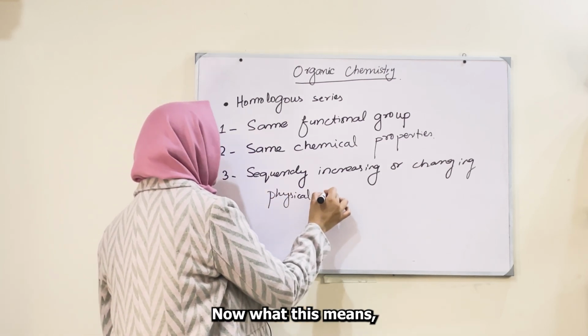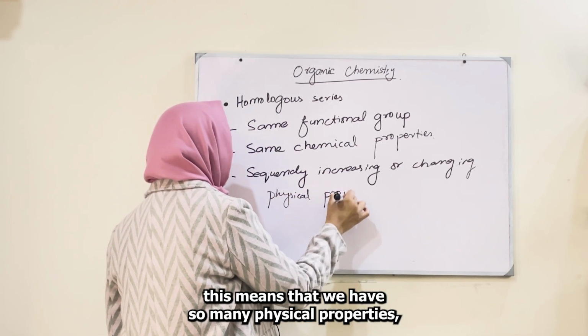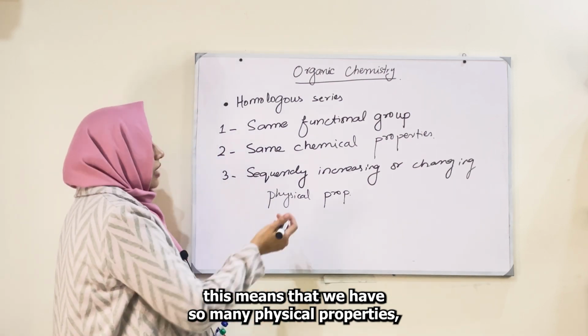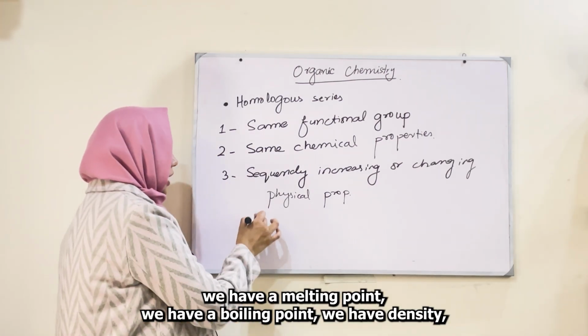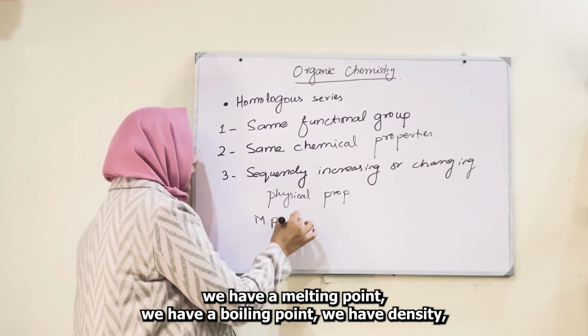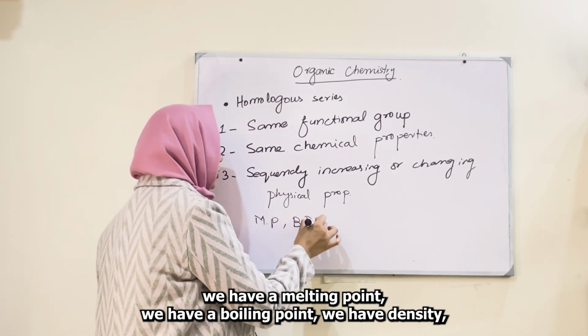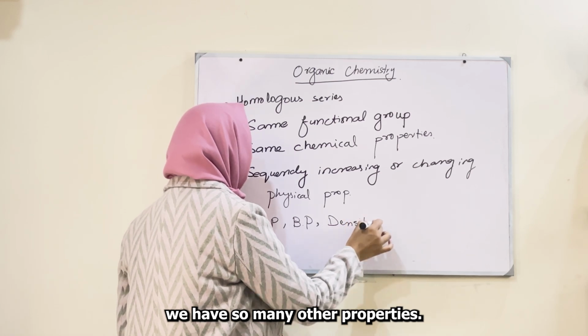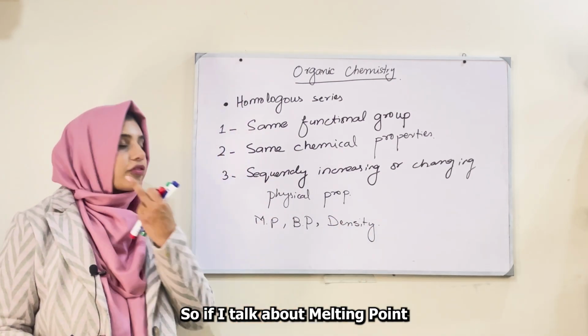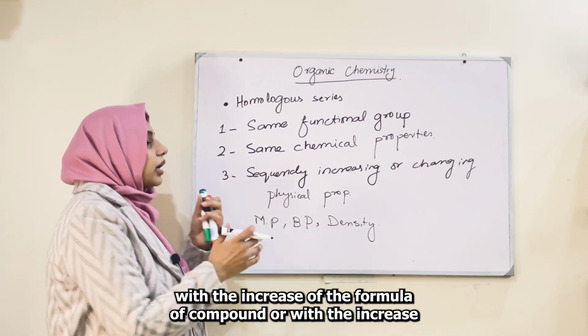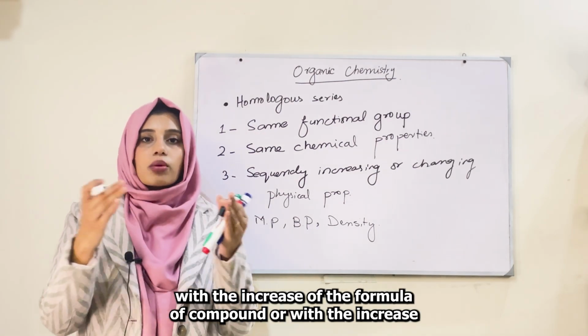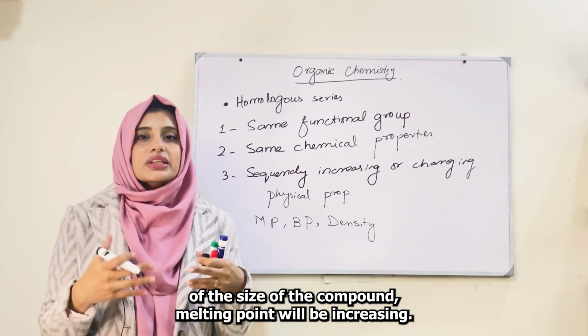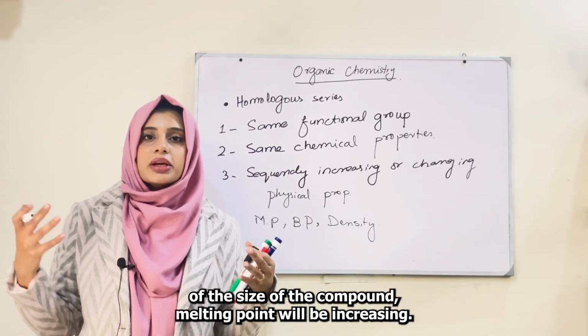Now what does this mean? This means that we have so many physical properties. We have melting point, boiling point, density, and so many other properties. If I talk about melting point, with the increase of the formula or the size of the compound, melting point will be increasing.